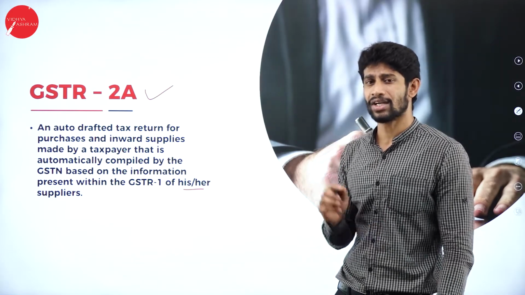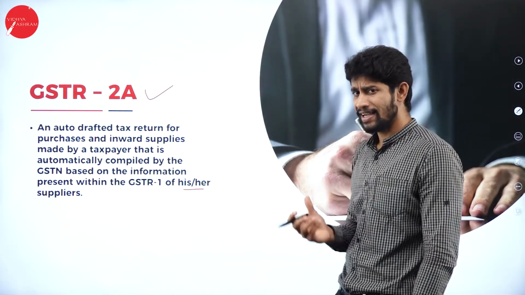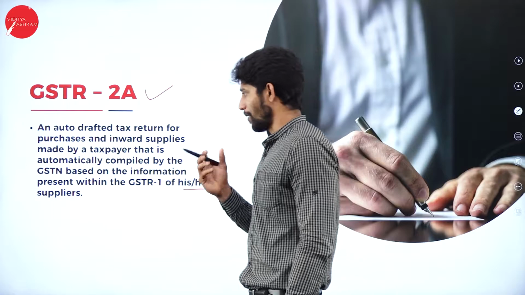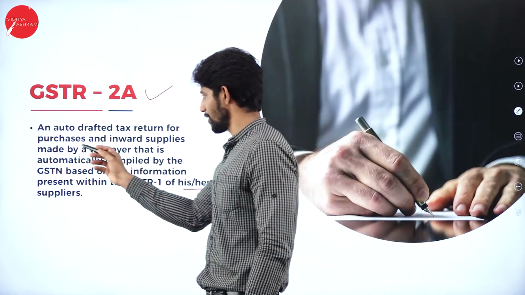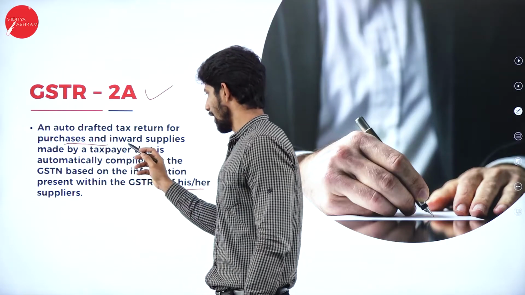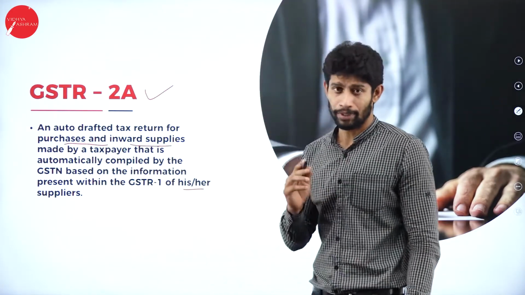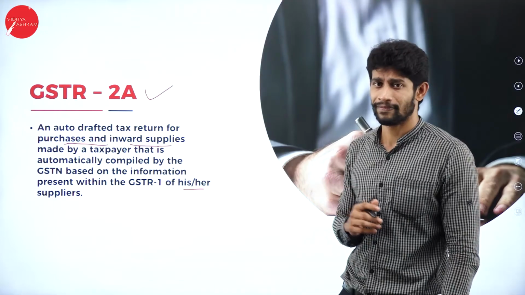And this GSTR 2A form is an auto-drafted return where you will get the information of purchases and inward supplies in a particular period of time.